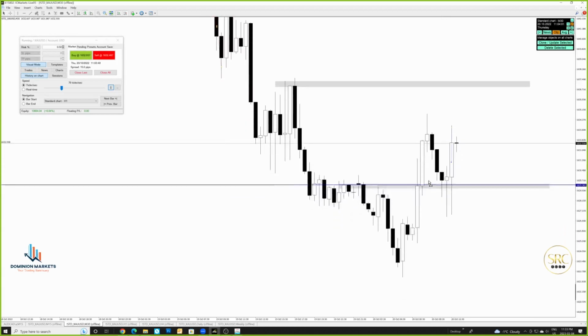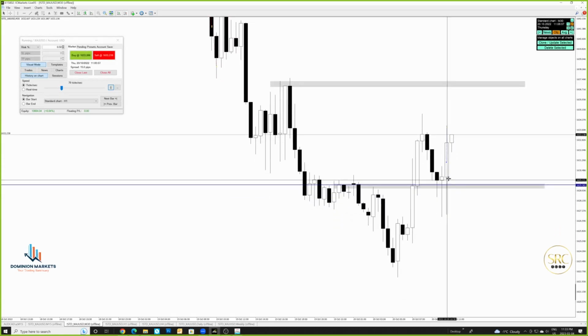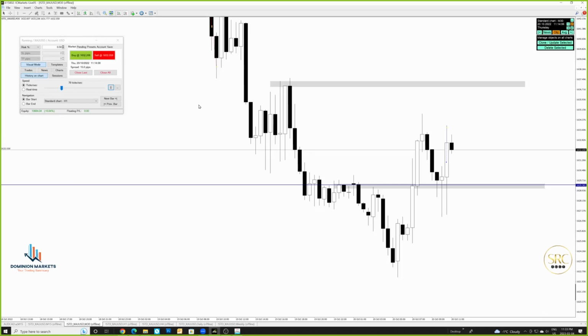Huge rejection. So we didn't know whether this next candle is going to go all the way down here as well or not. Because candles in the same vicinity tend to do the same things as their neighboring candles. Most times, as we've seen.